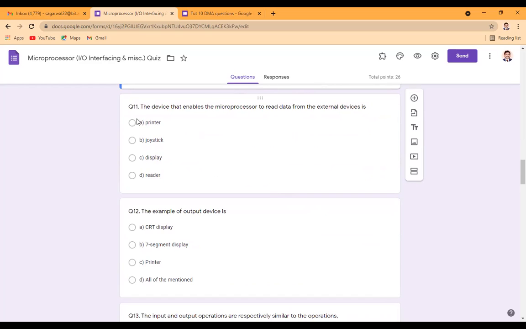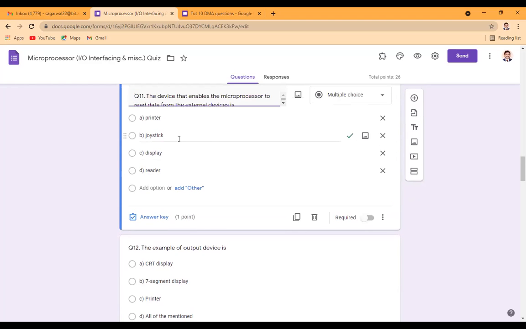So out of these devices, which device is going to read the data from the external device? In this case, printer is an output device, display is an output device, reader is an output device, joystick is the input device. So the correct answer is B, joystick.